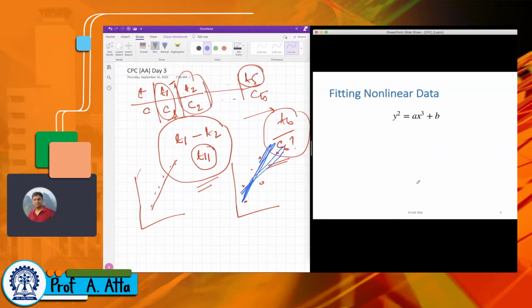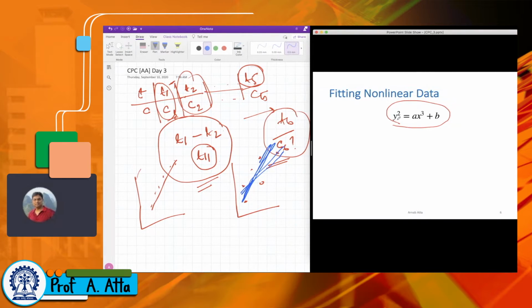This expression, I hope you were able to see everyone here, we have y square is equal to ax cube plus b. Is it a straight line expression? Can you present this data in a straight line manner? Yes, because a straight line is always easier to handle.